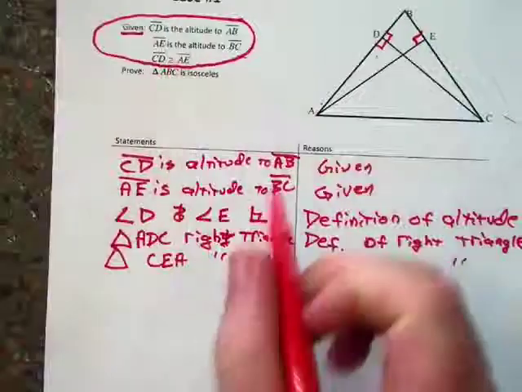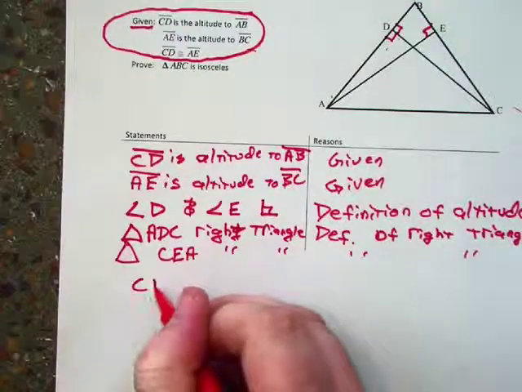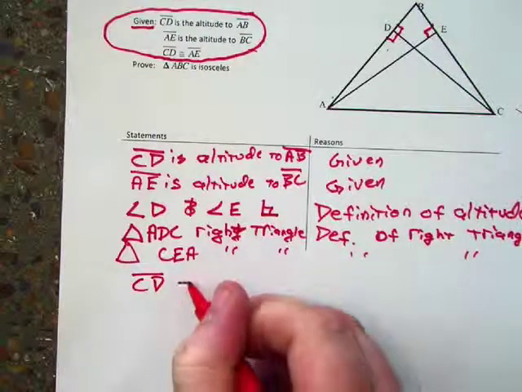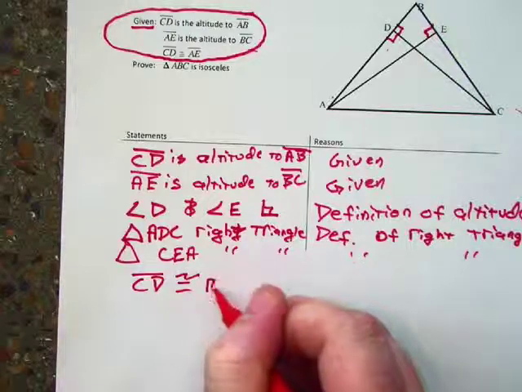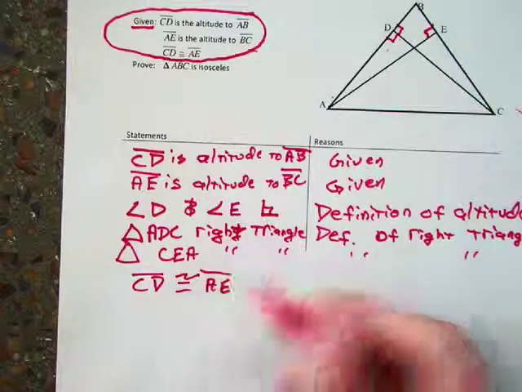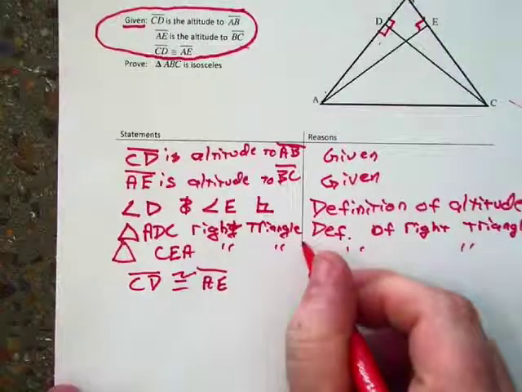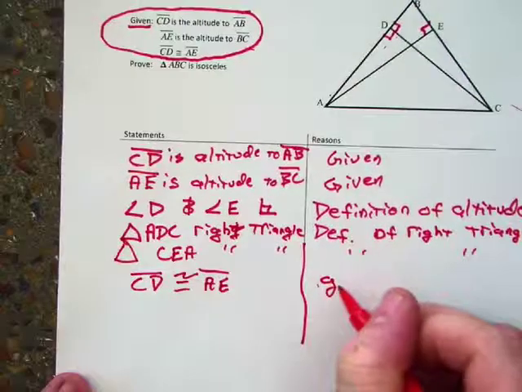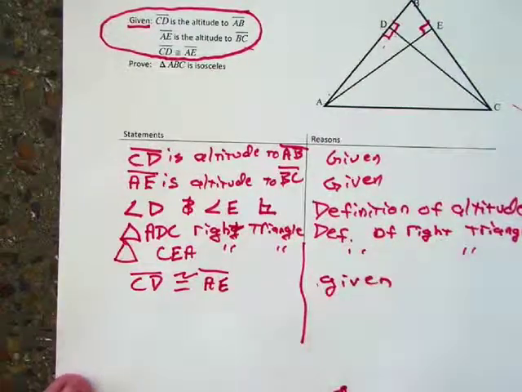It's given. So we're going to say line CD is congruent to line AE, and that is given. Okay, with that in mind, we look at, all right, AC and AC. What does that mean?